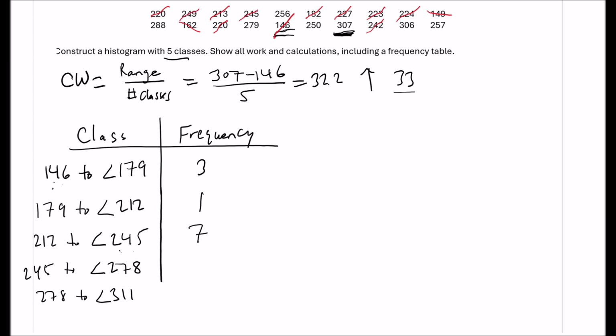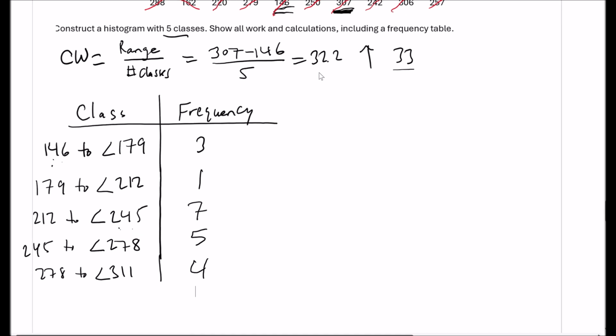So 1, 2, 3, 4, so it looks like 5. Now 278 to 310. So we have 1, 2, 3, 4. So we got 4.